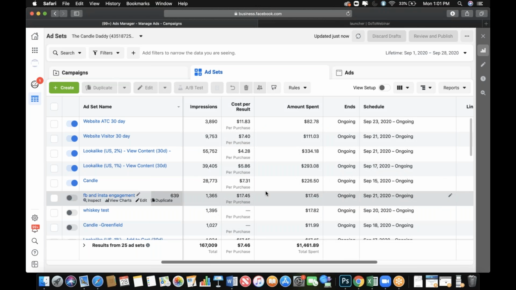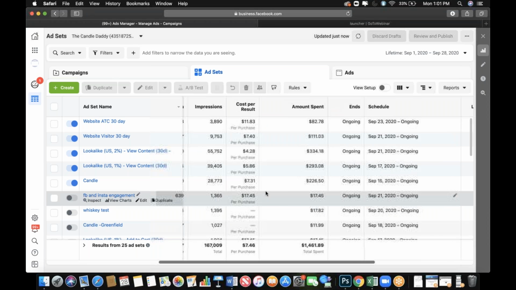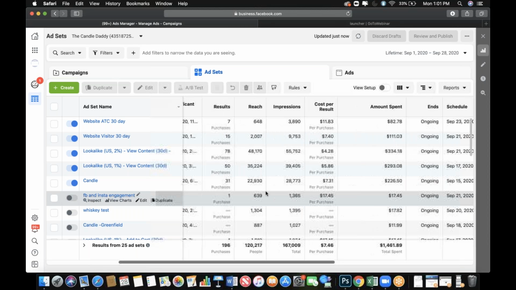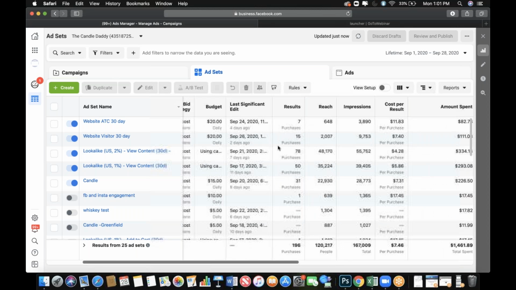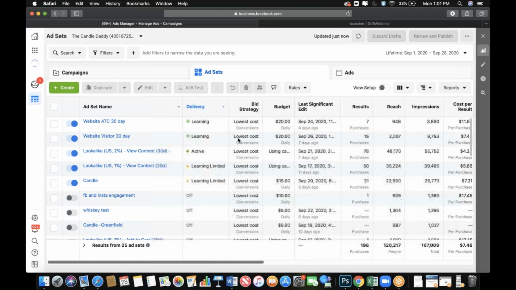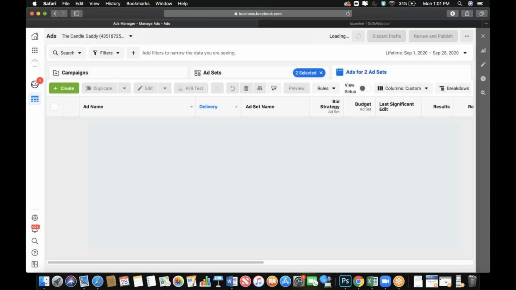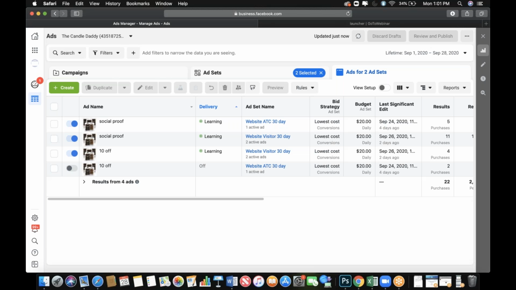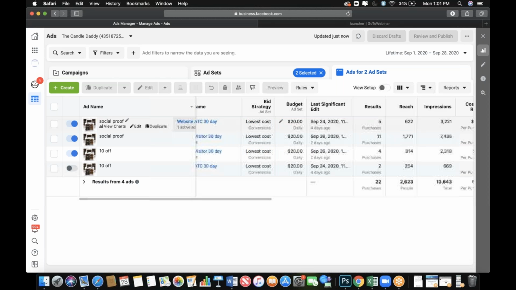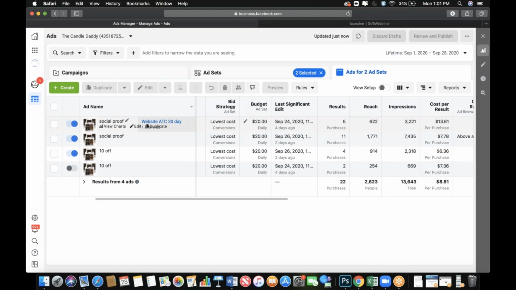Okay. Do you want to go ahead and, is this the retargeting campaign here? Yeah, it's in here. All right, go ahead and filter by the retargeting campaign. Do you mind going to the campaign level for me? Yep.